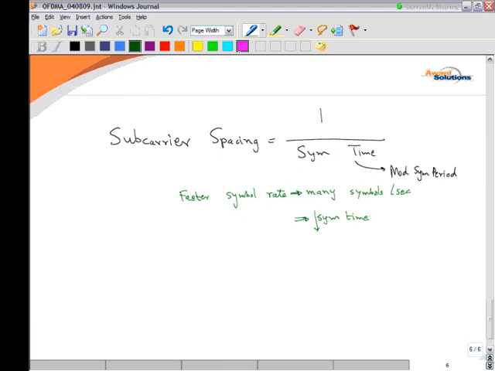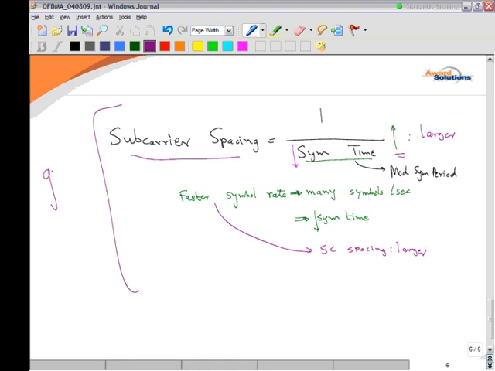So when you reduce the symbol time, what happens? If you reduce the number in the denominator, what happens to the ratio? The ratio goes up. So if the symbol time goes down, what happens to the subcarrier spacing? It goes up. So it becomes larger.